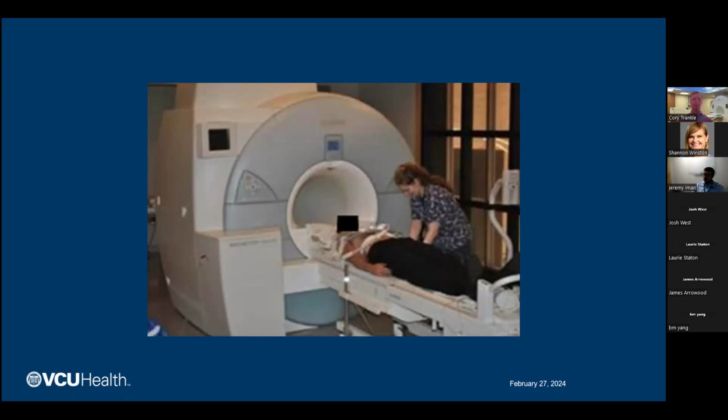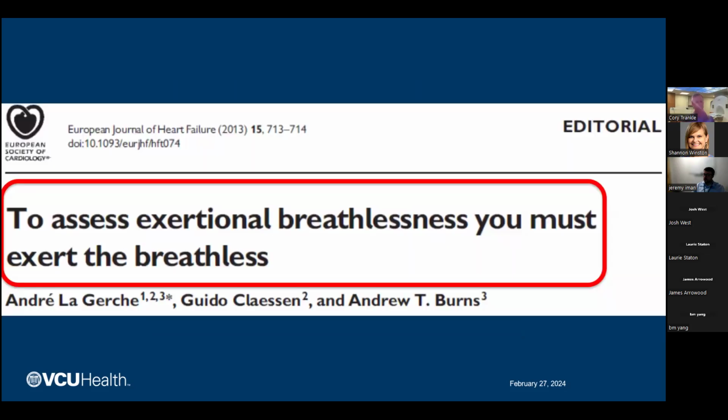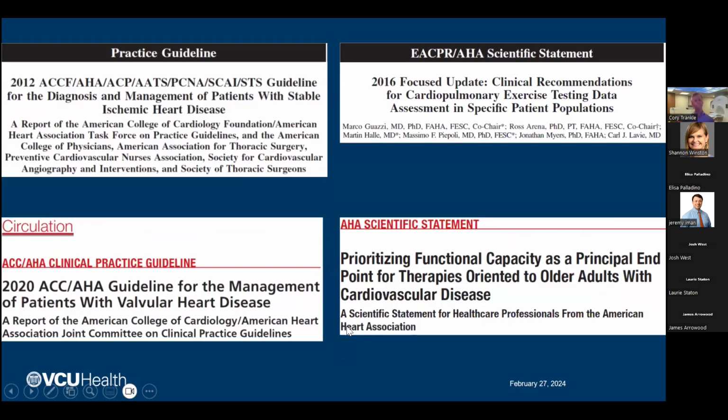In that subset of individuals, you really have to provoke them with some kind of challenge like exercise to reproduce the conditions where they've actually got symptoms to uncover what is holding them back. And I really like this quote from Andre Lagersh and his team that says, to assess exertional breathless, you must exert the breathless. And I think that's just a really nice way to sum up the approach.